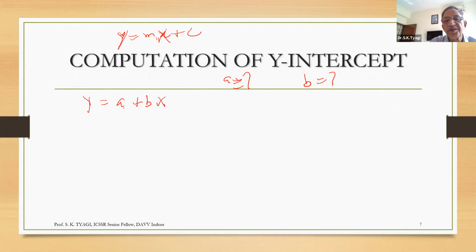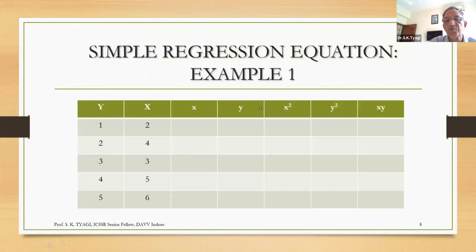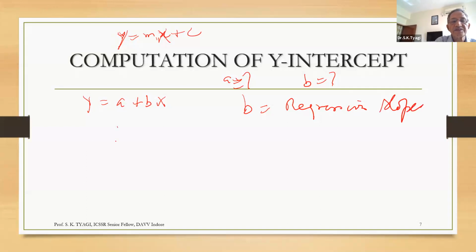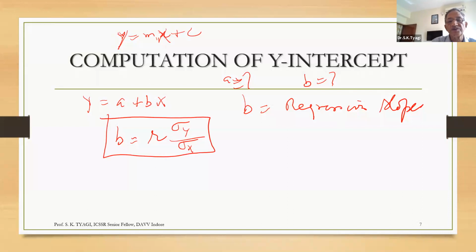Now, how to find out b and a? B is known as the regression slope, and b is r into sigma y upon sigma x. This is the third formula which we are introducing. The formula for regression slope is r sigma y divided by sigma x.